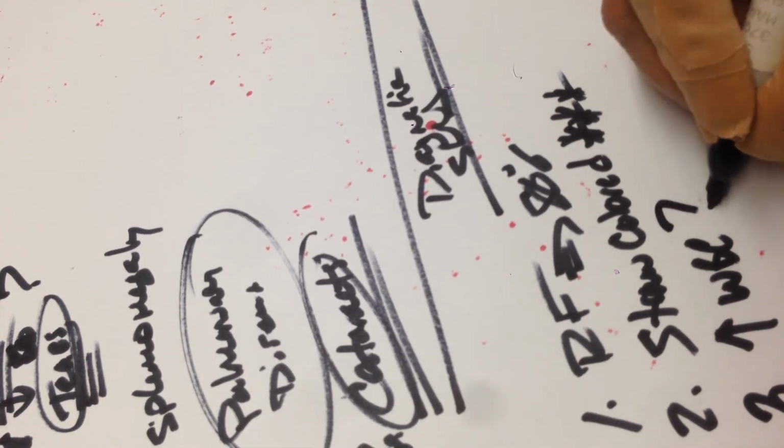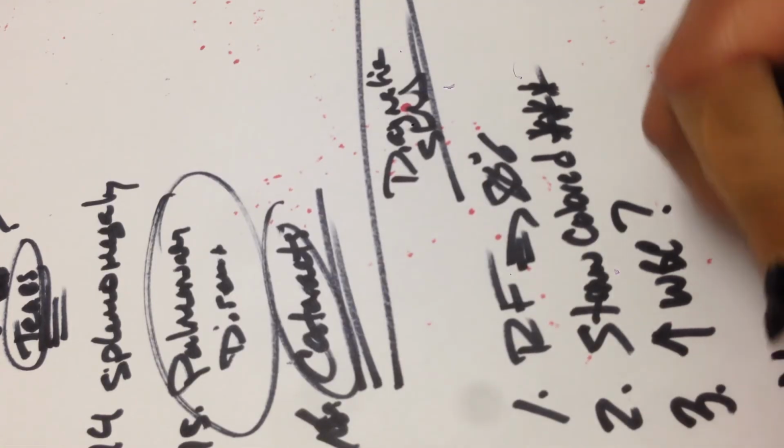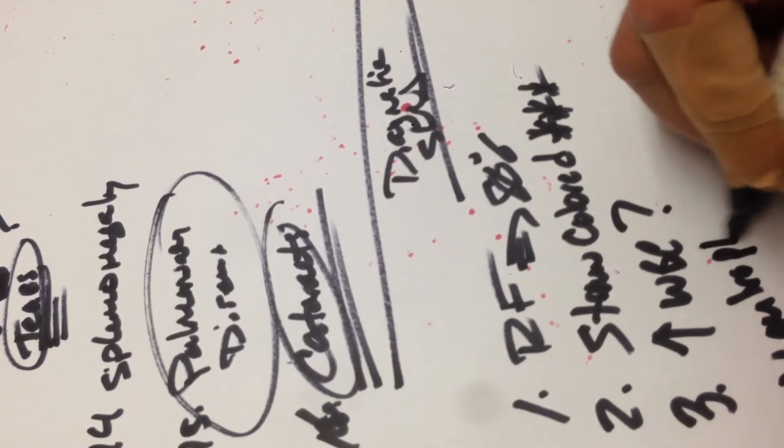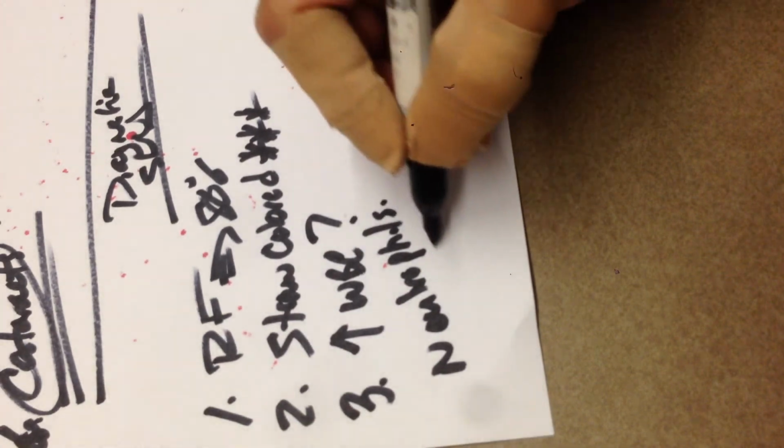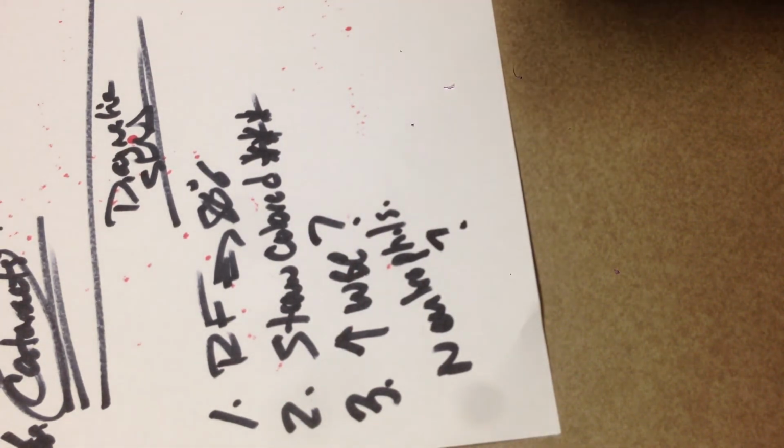Number three, increase in WBC. Now why? Well, in the very beginning I told you to make a side note about neutrophils. Well, again, this is an autoimmune disease. I'm not going to get into the specifics, but there is inflammation in your joints.